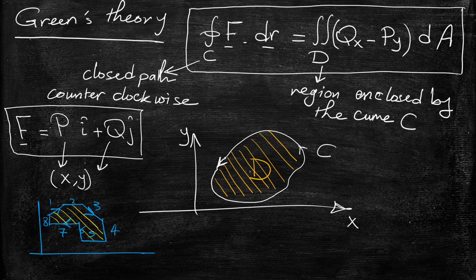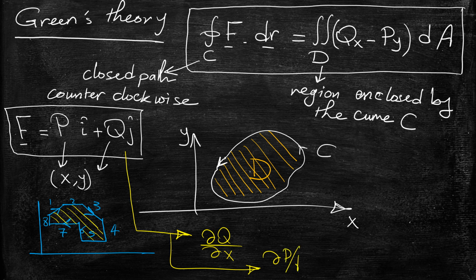So what we are doing right now, if we have F, we need to get this partial Q by partial x and partial P by partial y. And then we can subtract them and substitute with this formula. And then we'll end up with a simple integral over the region D, which is a double integral in this case.